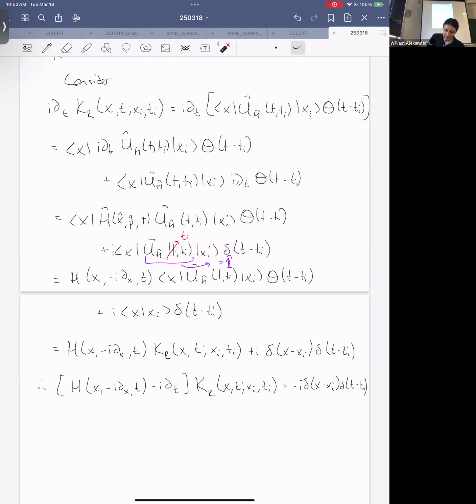So what I found is I have some differential operator, which is the time-dependent Schrödinger wave equation as a differential operator, acting on my retarded propagator, is equal to the Dirac delta of the arguments of the retarded propagator. So this is the proof that the retarded propagator is the Green's function for the time-dependent Schrödinger wave equation. So that was the statement that I wanted to get to. And yeah, cool. Thank you for giving me that extra time.